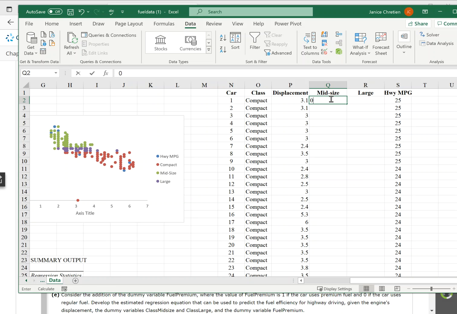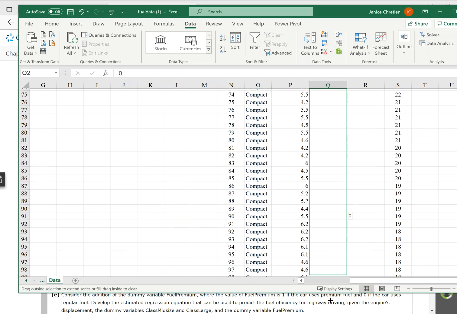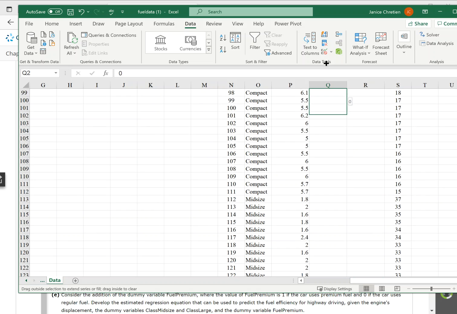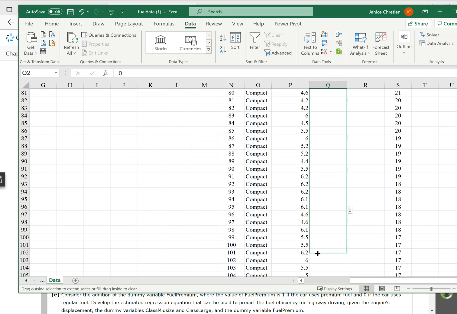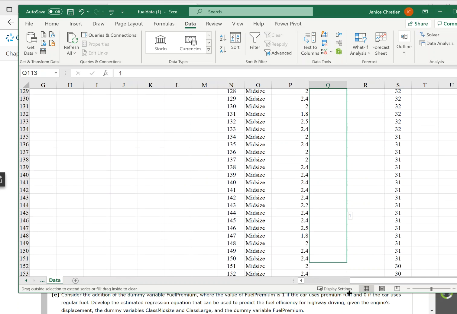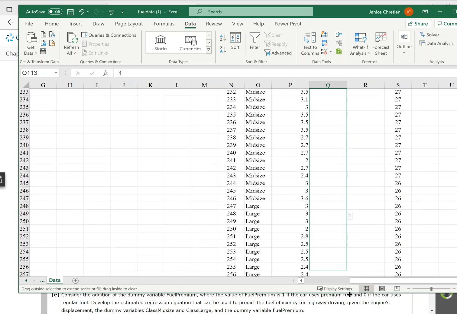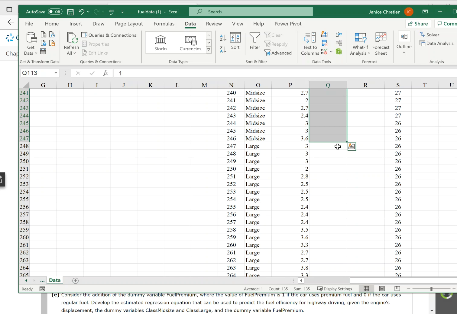So I can say 0 for our compact, and I say 1 for a midsize, and then I say 0 for large.